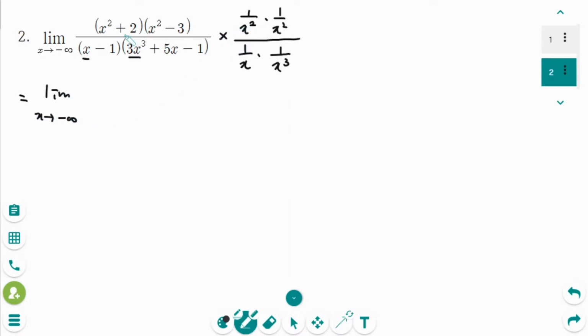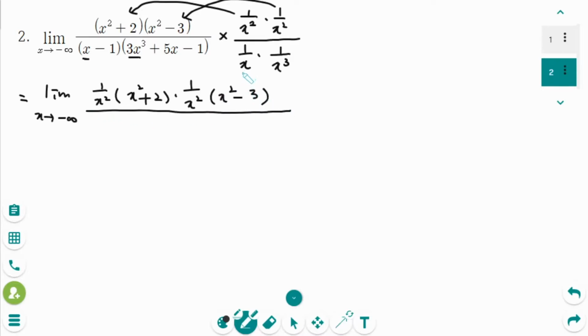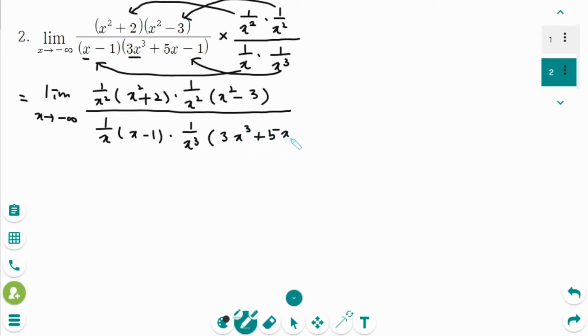So this one for the first one, like this, times this one for the second one, the first one and this one for the second one, like this. It's the same. So these are all multiplications, so order is not important. And then split.